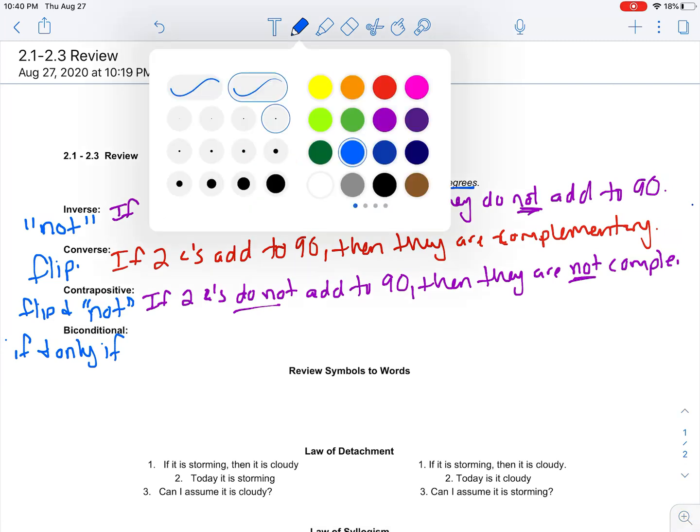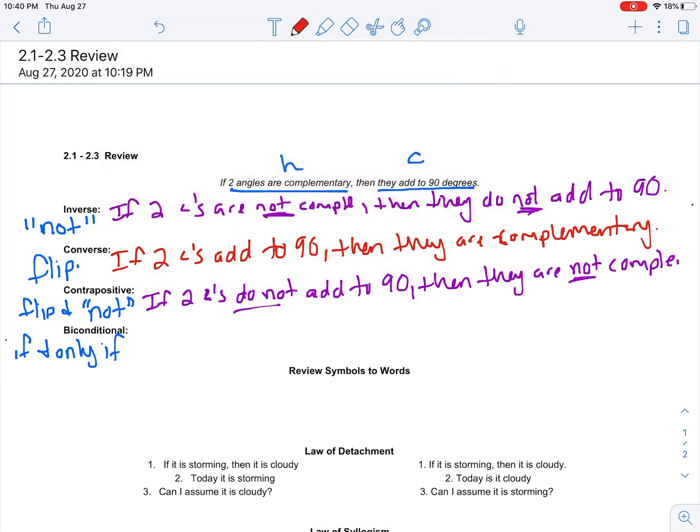Okay, so what's that going to sound like? Two angles are complementary if and only if they add to 90 degrees.